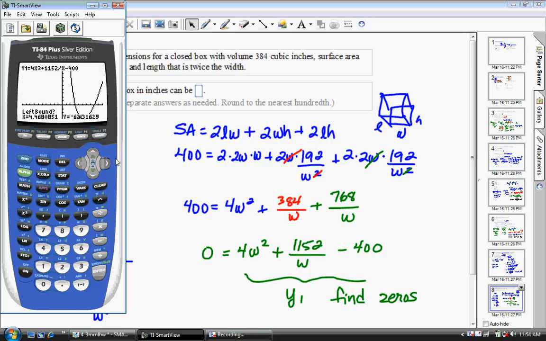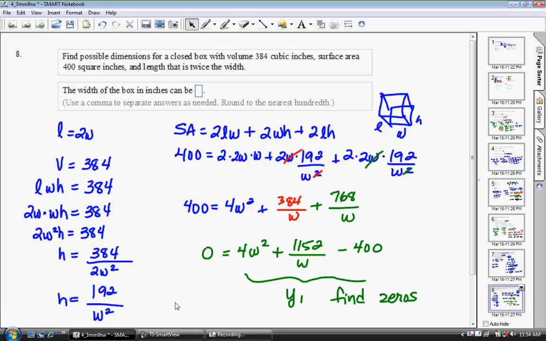To get our other solution, we can press second and trace and 0. And let's do a left bound of this one. Okay. And a right bound. And then a guess. Okay, so 8 is the other solution.